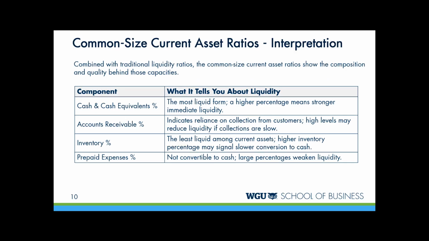The next is inventory, and that is the least liquid among our current assets. A higher percentage of inventory is really going to slow us down in converting to cash, because inventory is associated with the specific products that we sell. Let's say I have that printed t-shirt company.